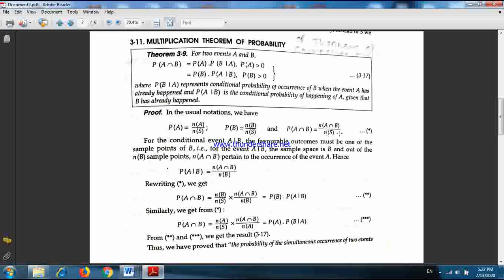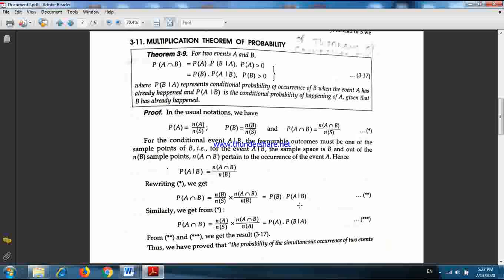Now if you rewrite this P(A intersection B) equals n(A intersection B) divided by n(S), if we rewrite this as n(B) upon n(S) into n(A intersection B) by n(B), n(B) and n(B) get cancelled, so we can rewrite this way. So what is this n(B) upon n(S)? This is nothing but P(B). And what is this n(A intersection B) upon n(B)?